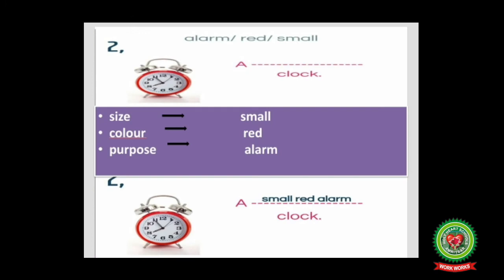Number 2, alarm, red, small. Now by following the acronym DOSA's COMP, first comes the size, that is small, color, that is red, and then purpose, that is alarm. So our answer becomes a small red alarm clock.